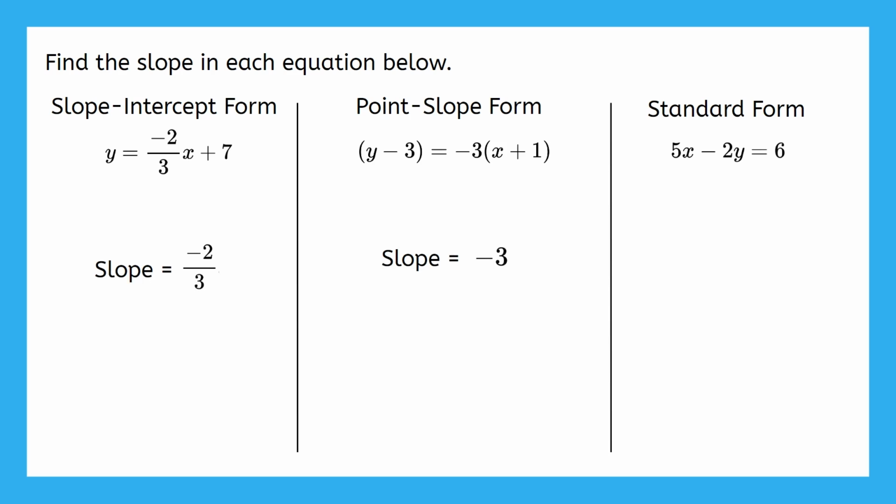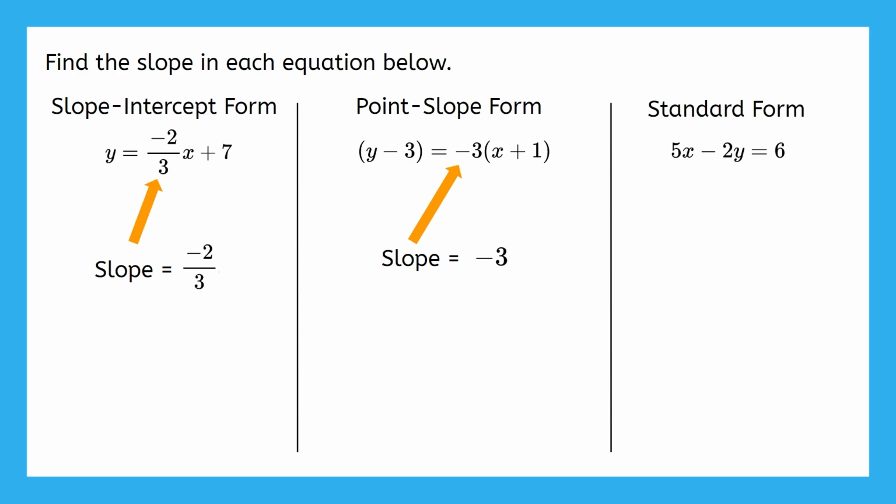In our slope-intercept equation, we can see negative 2/3 right here as the coefficient to x. Similarly, in our point-slope equation, we can see the slope of negative 3 outside the parentheses on the side of the equation with x. Standard form is a little trickier.